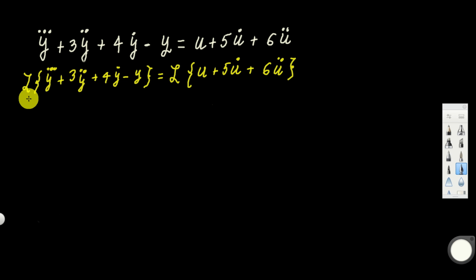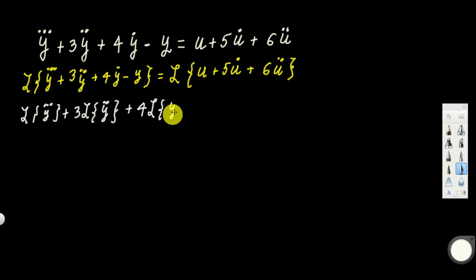Next, the linearity enables us to write the following. Laplace transform of y triple dot, plus 3 Laplace transform of y double dot, plus 4 Laplace transform of y dot, minus Laplace transform of y is equal to, and the same principle applies to the right hand side, that is, to the input.